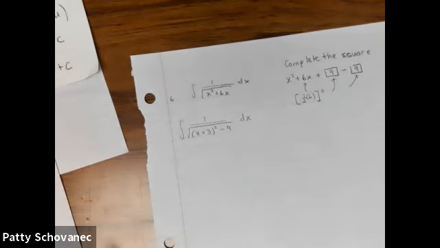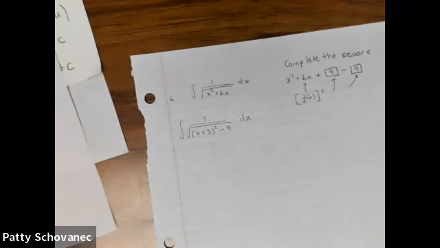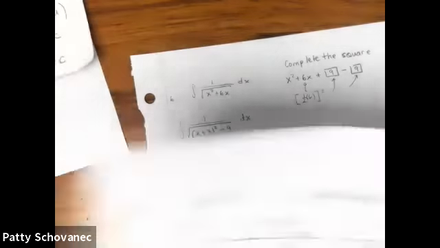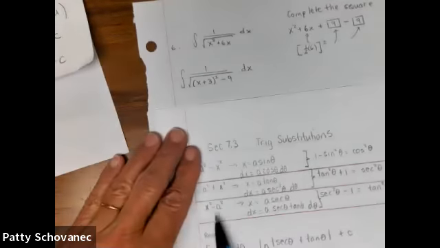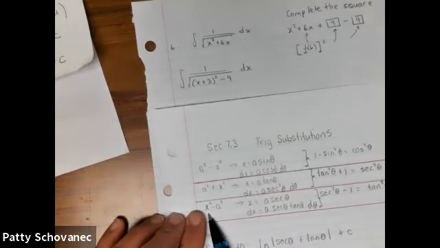So it looks like something squared minus a number squared. But the variable is in front of the minus sign, right here. So we're going to choose the stuff in the parentheses to be 3 times the secant of theta.